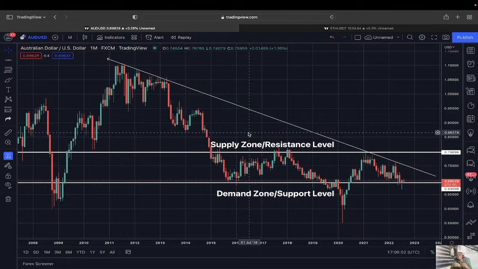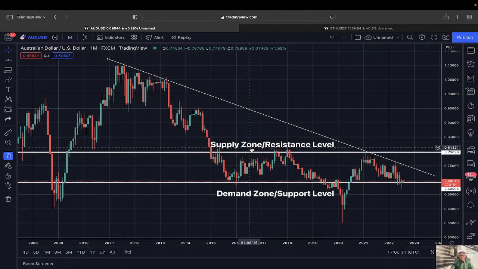That level is what we call the supply zone, because it is the zone where they sell off and price tanks. Price dumps, price goes down, and that is what we always see playing out at every supply zone. Supply zone is also called resistance level.